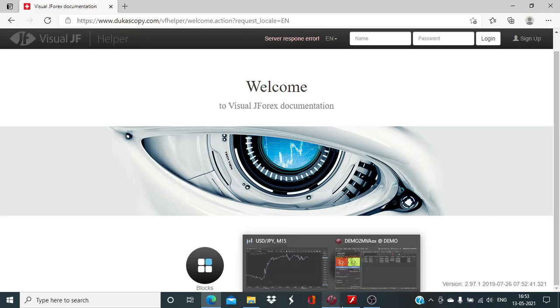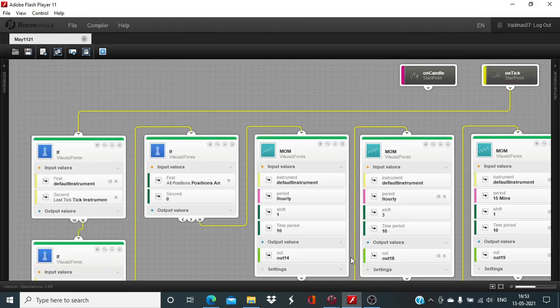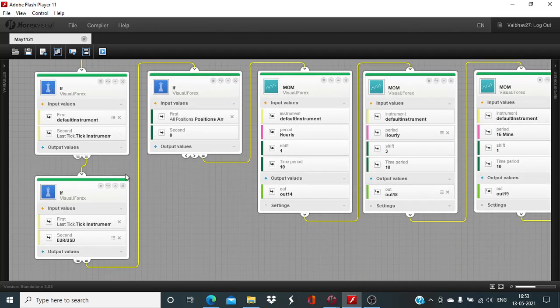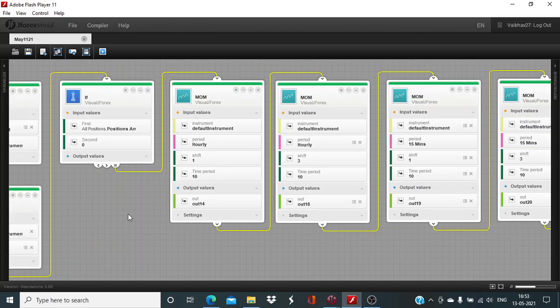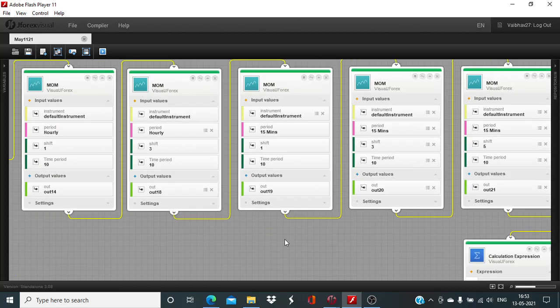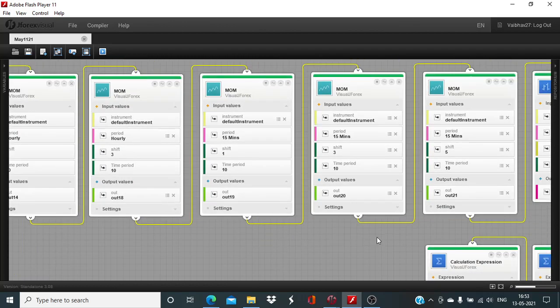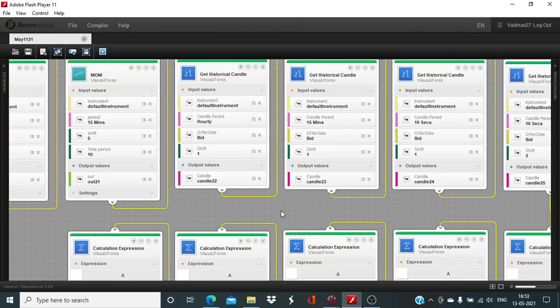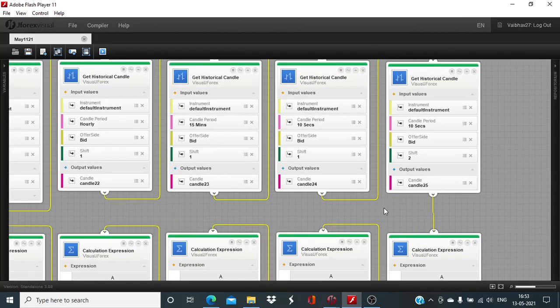So let us now head to the Visual JForex board, which has been developed by the Dukascopy Bank SA. In the prior session, I had carried out the instrument subscription, then the position amount was defined. After that, these blocks of varying time periods were brought in, and along with that, we are also relying on the get historical candle blocks to look at the price volatility.